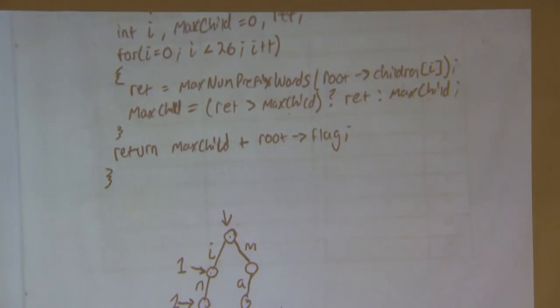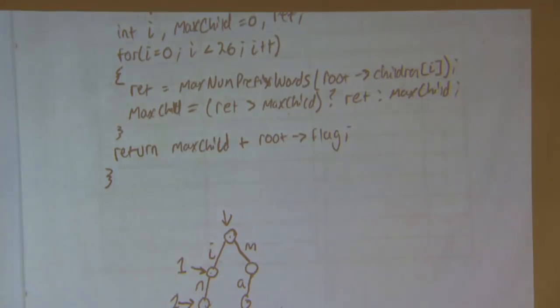So basically all we're returning is however many words are at the current node plus however many words were below it. And so once we return back up and maybe it goes down another branch, if it finds that there are more words in that branch, it'll replace whatever number was previously there in the max child, and then it'll eventually return all the way back up to the root node, and it'll just return the maximum number.